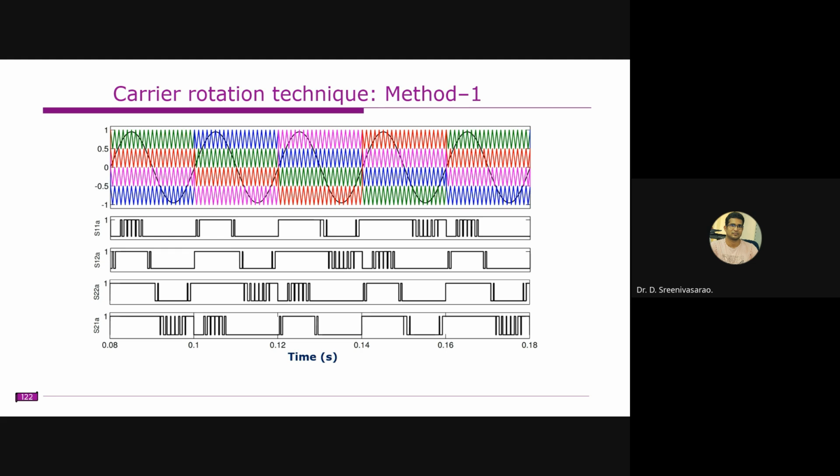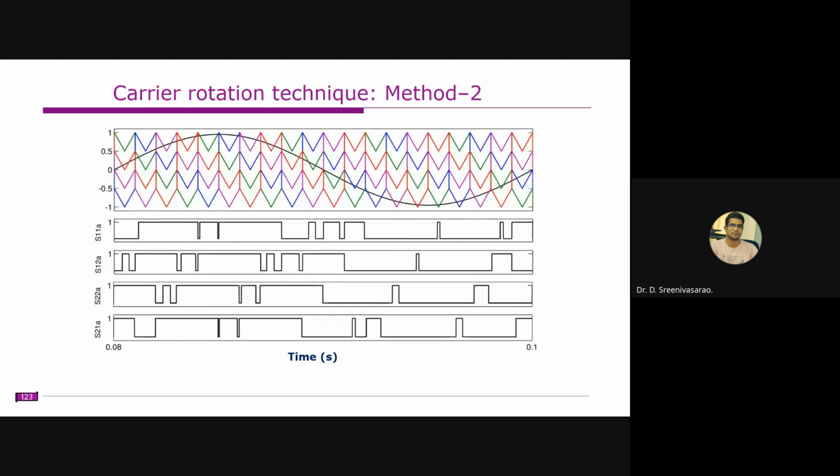Similarly, this is just like the transposition of conductors in the case of transmission lines. See here, if you see the performance over these four cycles, it is uniform. There is another carrier method, right? Within that modulating period only, we have transposed the carrier.